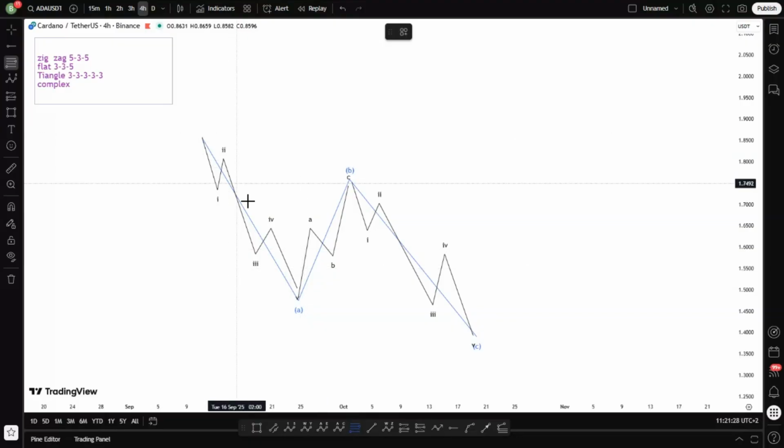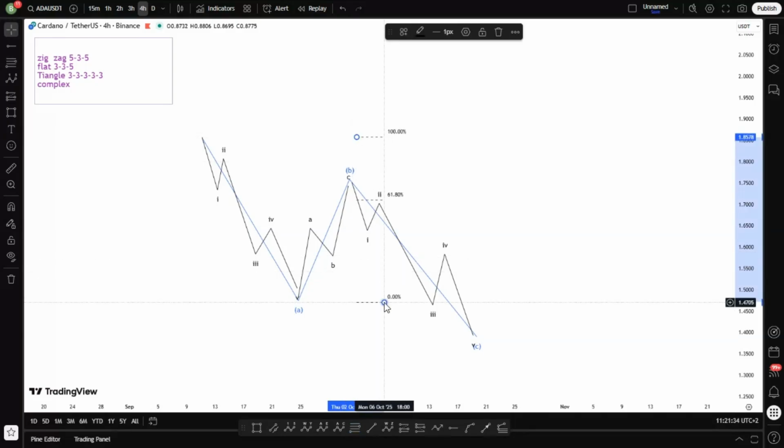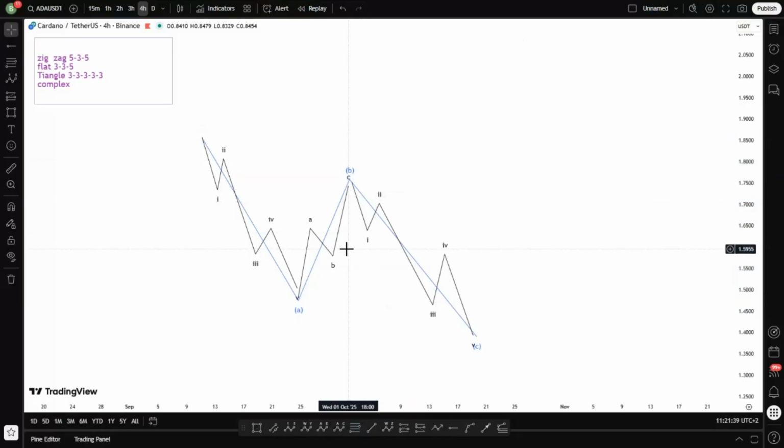If you see a five-wave move of wave A, then it is very typical to see wave B travel to the 61.8 level. And we have measurements to try and measure the length of wave A and wave C to anticipate when it finishes or when it has finished.